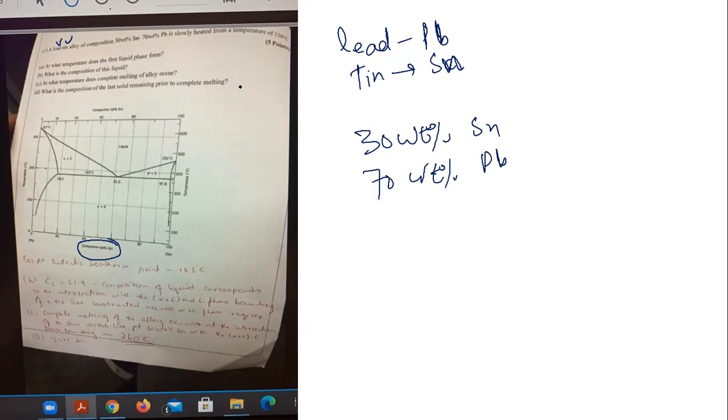Okay, so you will locate a point of 70%. So this is 60 and this is 70, right? Yes, the 70 for Pb. For Sn. Oh, sorry, this is not our interest. Our interest is Sn, right?